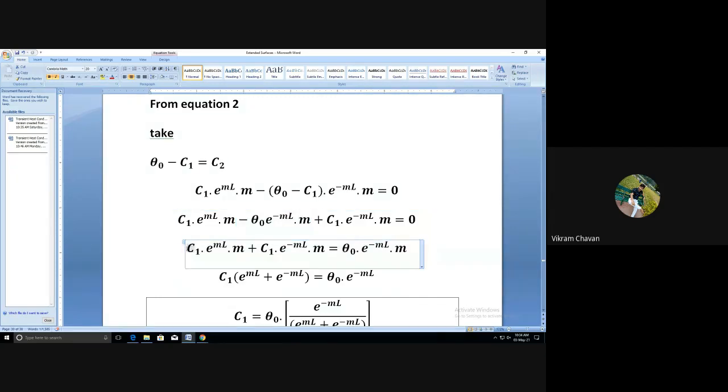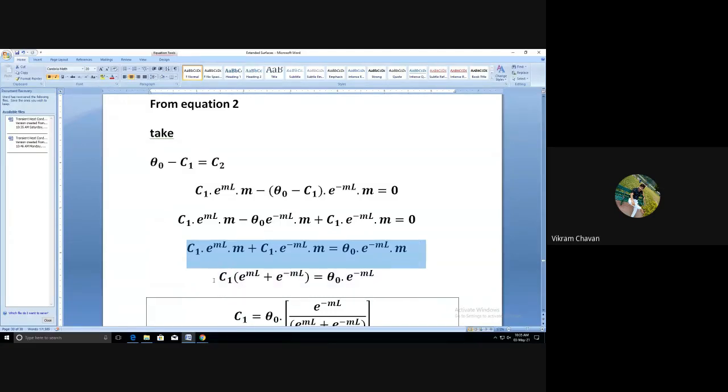So the C1 terms will be on one side: C1 multiplied by e raised to mL multiplied by m plus C1 multiplied by e raised to minus mL multiplied by m, which is equal to, if you transfer this minus sign term to the other side it will become plus, theta naught multiplied by e raised to minus mL multiplied by m.